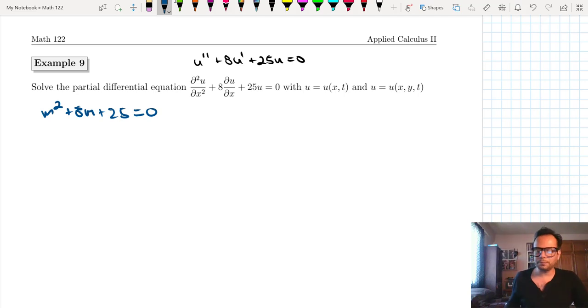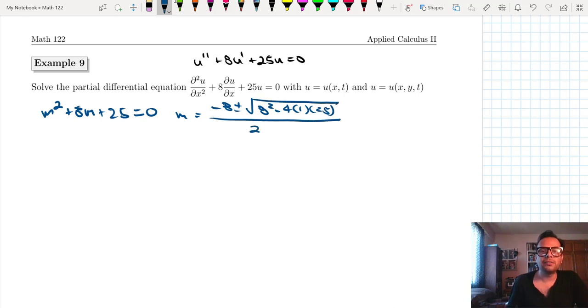So there will be no way around. We will need to use the quadratic formula. So m equals minus 8 plus or minus the square root of 8 squared minus 4 times 1 times 25, divided by 2 times 1.